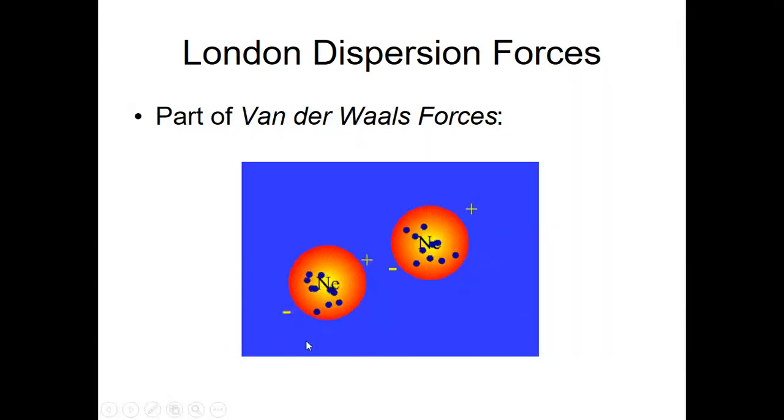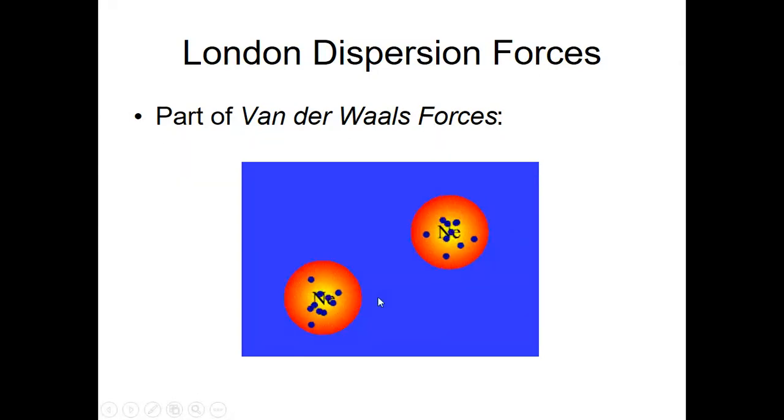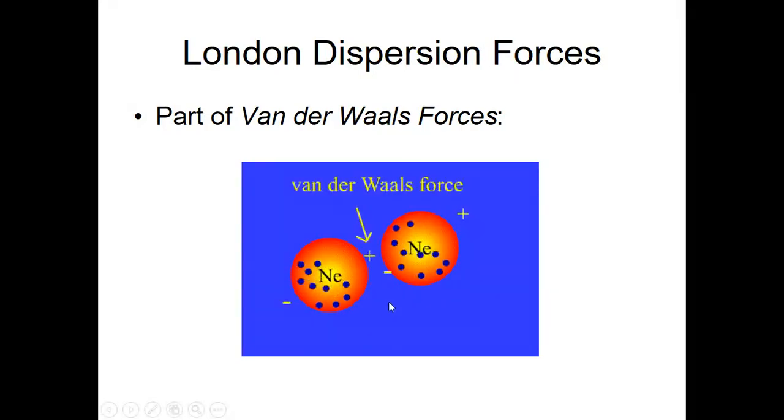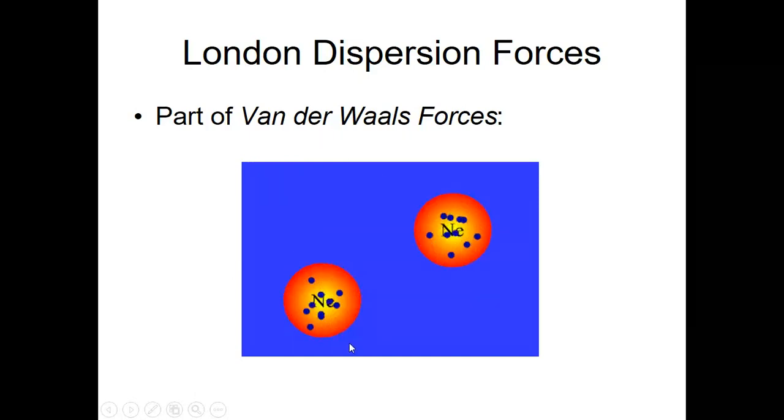And this creates a slightly positive and slightly negative end on both atoms. And like he was saying in the video, this force is going to be more noticeable at very cool temperatures where the atoms are moving more slowly, and as the number of electrons increases or the contact between the two atoms increases.